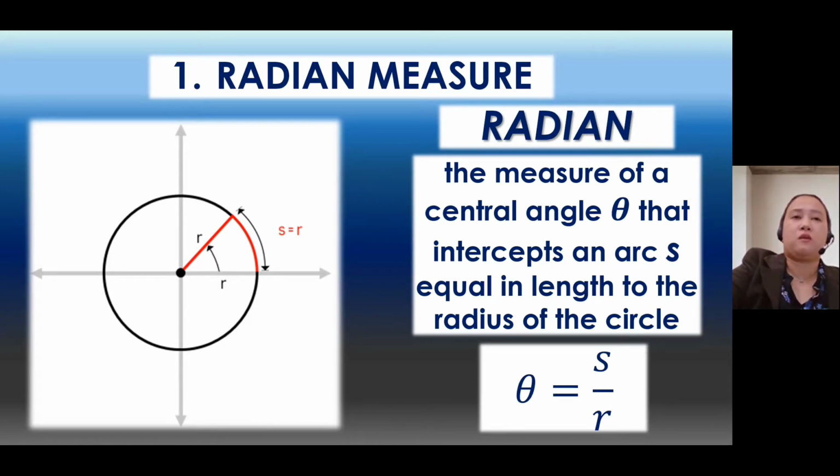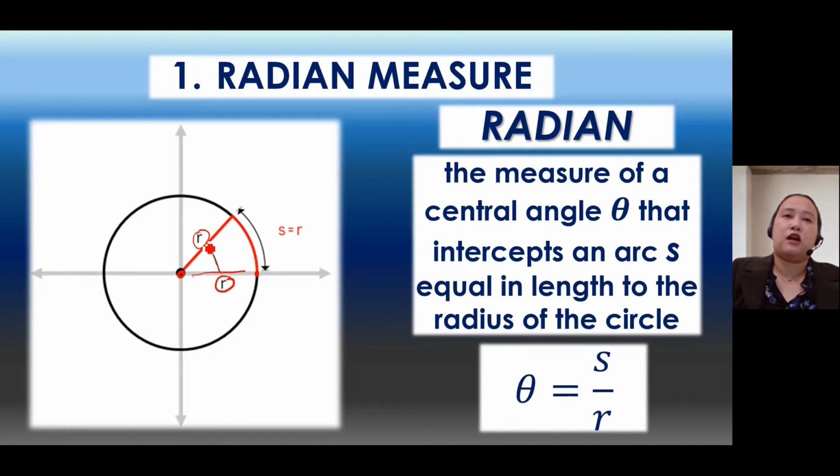As you can see in our circle here, if we have the radius of the circle from its center towards its circumference, this portion is the initial side of the angle. And if the terminal side is going to rotate, here's the direction, and you can see here that this is the terminal side.